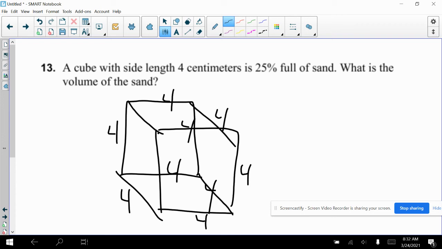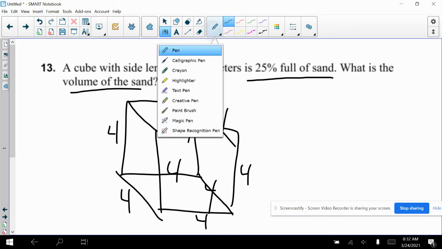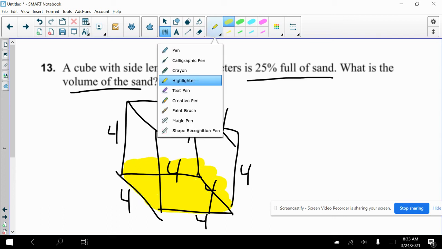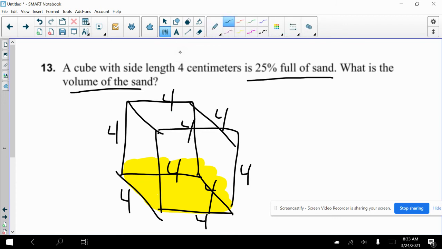So it says a side length of 4 is 25% full of sand. What is the volume of the sand? Interesting. Let's draw some sand. It's about 25% full. Okay, how do we go about doing this?